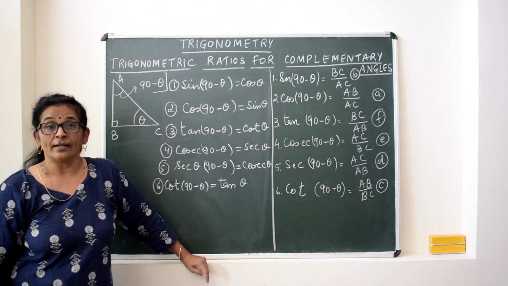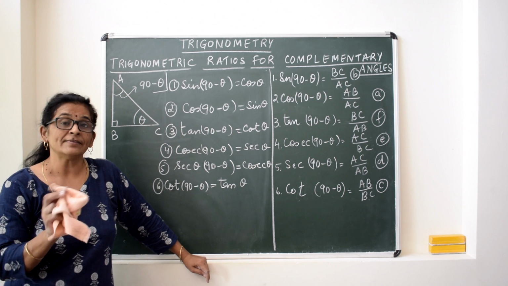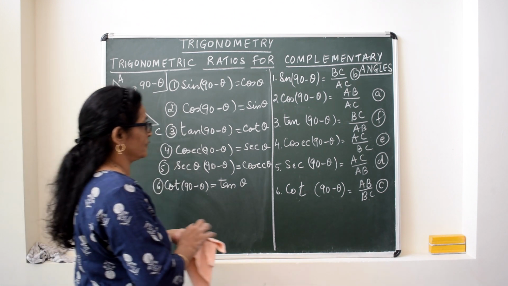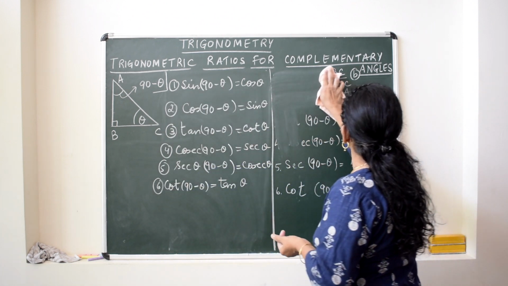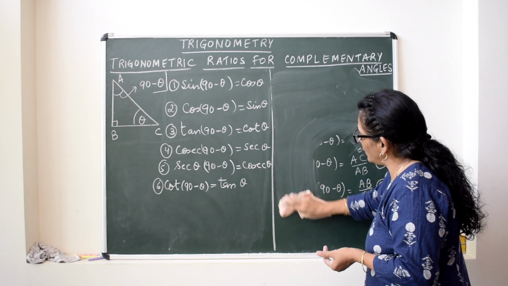These relations will help us to do the questions based on the angles which are complementary. What does it mean? Suppose two angles are given, and they will be given in the combinations of complementary angles.